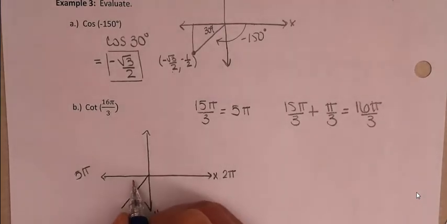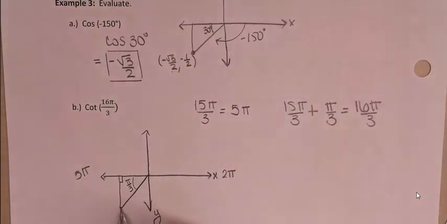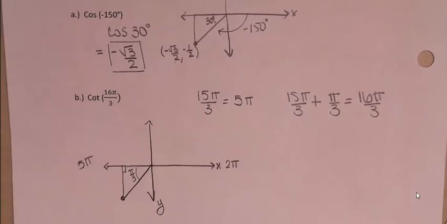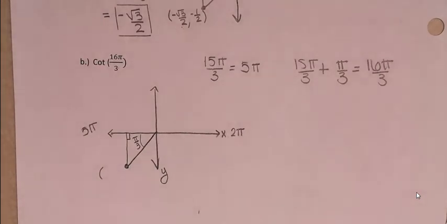That gives me my reference angle. So right here I'm going to have a pi over 3. I like to draw them as right triangles. So now I'm looking for the coordinates of pi over 3. Again, you either have these memorized, or you're able to convert them, or you continuously redraw your unit circle every time that you need to think about these.